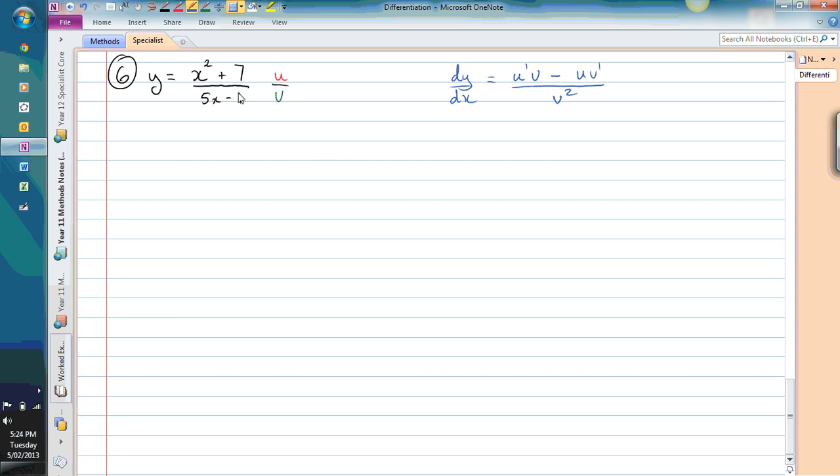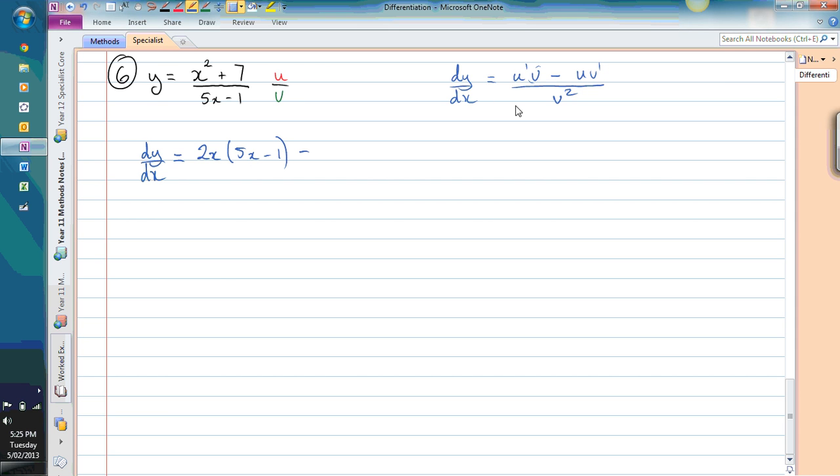So let's have a look here. I've got x squared plus 7 is my u, my 5x minus 1 is my v, and I can just go ahead straight away and differentiate using this rule. I've got to differentiate my u, so the derivative of this bit has to be 2x multiplied by v unchanged.